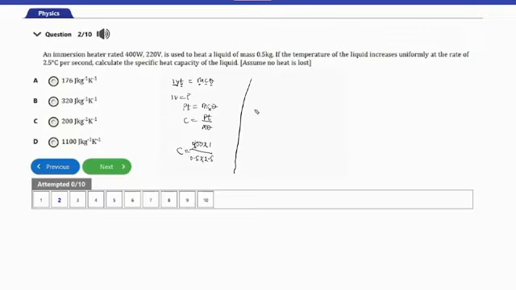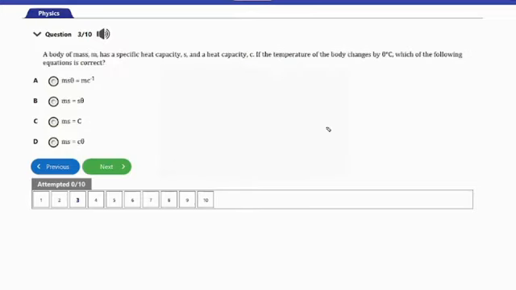So guys, let's go ahead and calculate this out together, and we're going to have 320 joule per kilogram per Kelvin, and that's option B here. So guys, that's the answer to this question. Let's go ahead and consider the next question, guys. So that's question number 3 here.